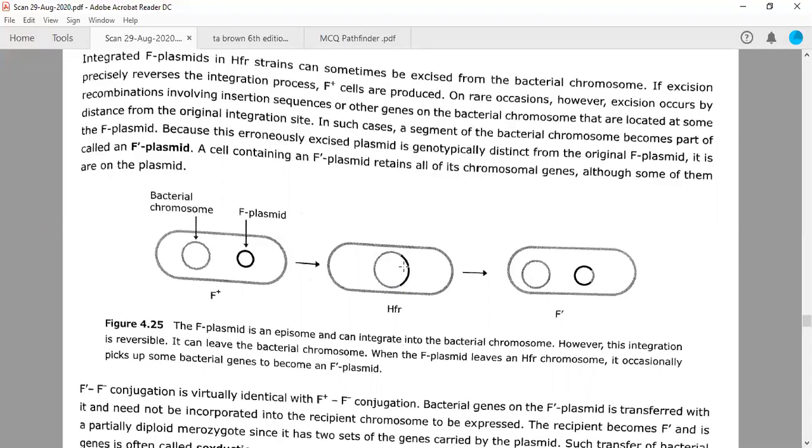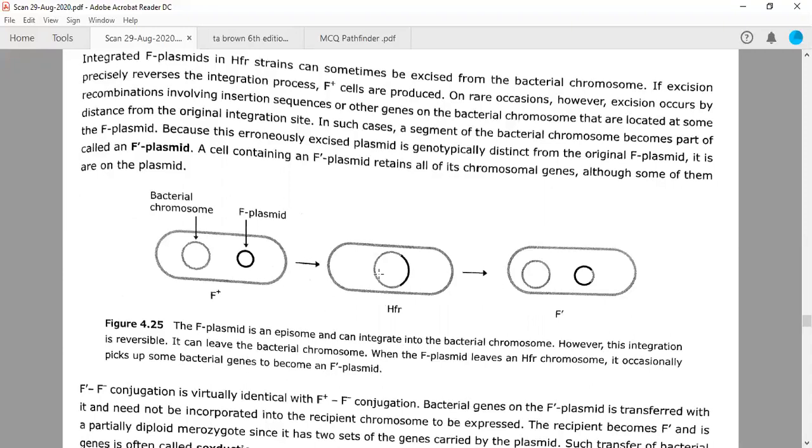These genes are still present in the plasmid, but now this plasmid, since it is integrated into the bacterial chromosome, is called high frequency recombinant because it can be transferred from the donor to the recipient cell. So when this transfers from this donor cell to some F negative cell, this is called HFR to F negative transfer.